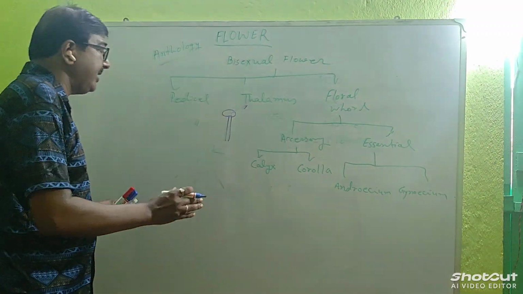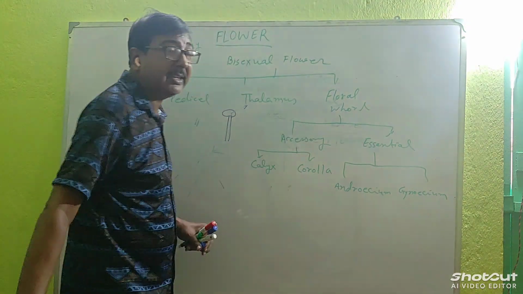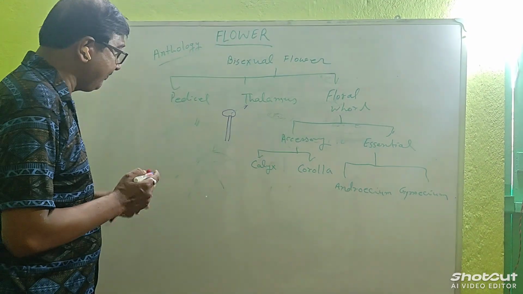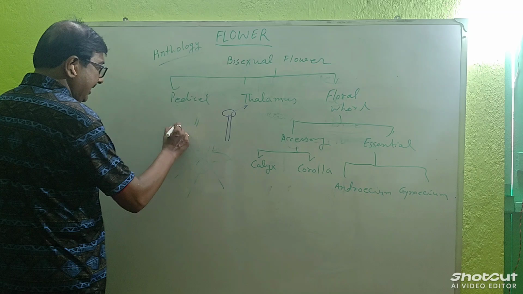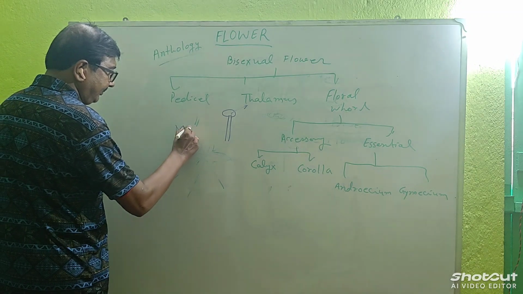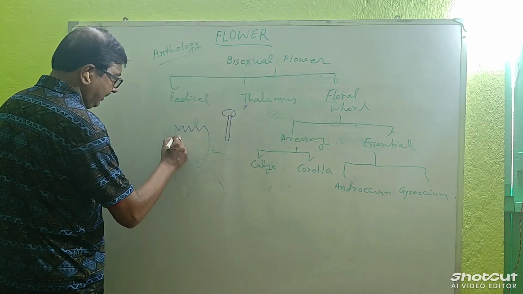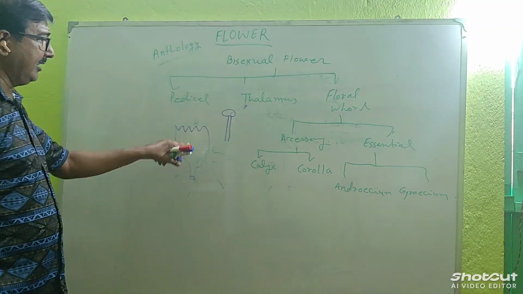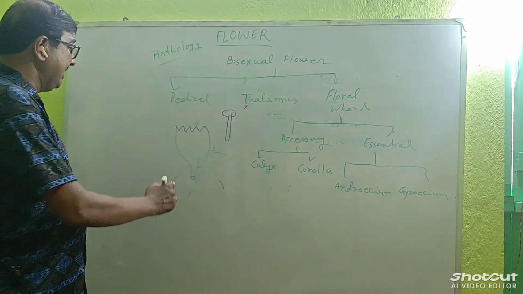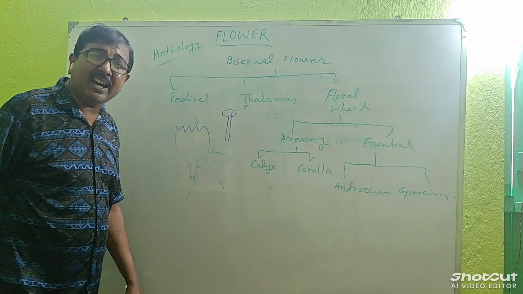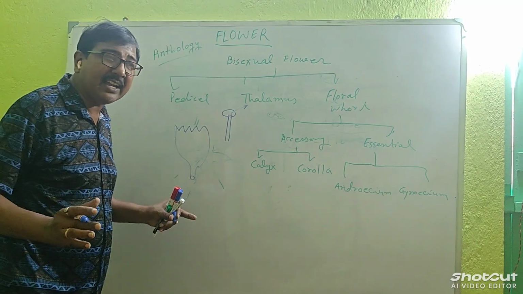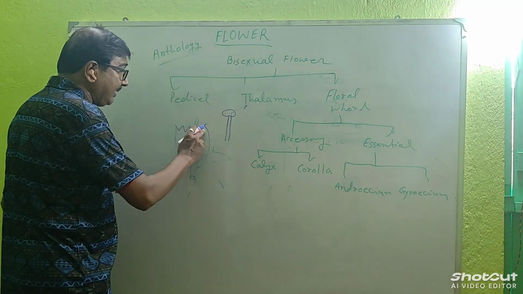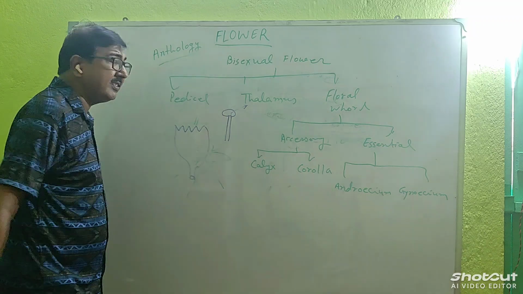Now I am discussing each part one by one. First is the calyx. The calyx looks like this. This is the structure of the calyx. The calyx is green in color, and the parts of the calyx are called sepals.